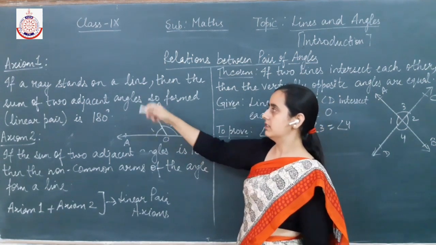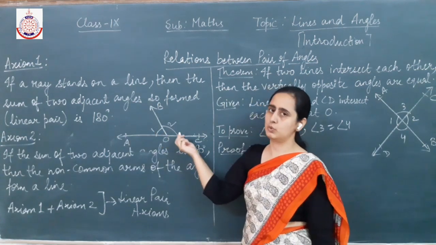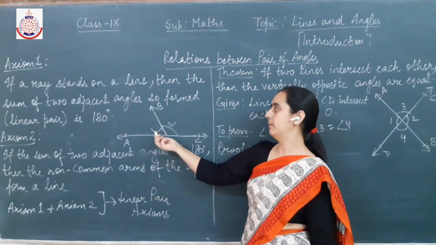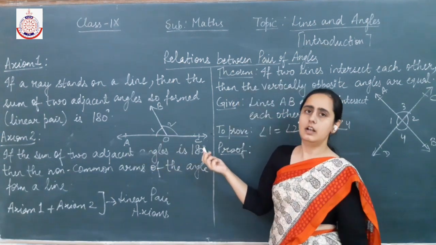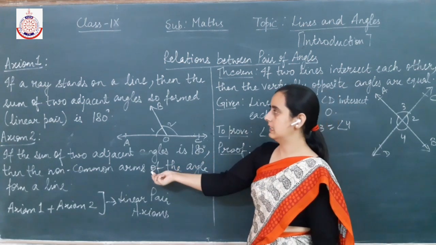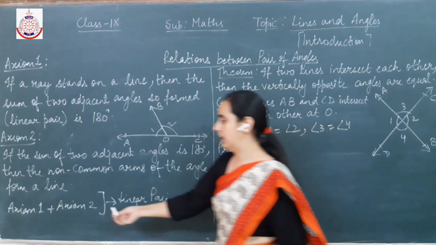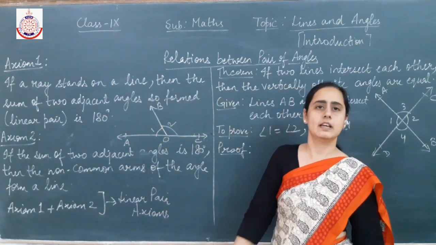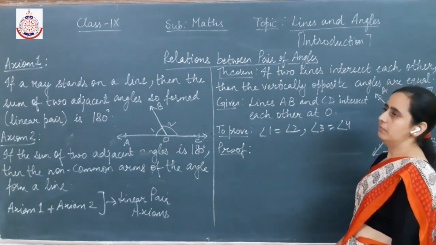Now in the first case the condition given was that this is a line, so 1 plus 2 is 180 degrees. In the second we are saying if 1 plus 2 is 180 degrees, then AOC is a line. This is basically the converse of axiom 1, and together axiom 1 and axiom 2 are called the linear pair axioms.